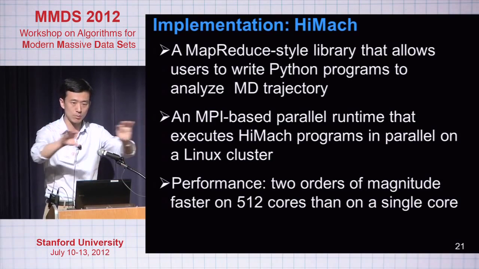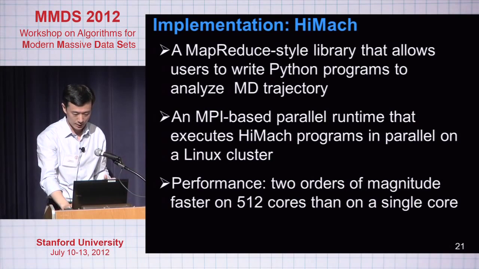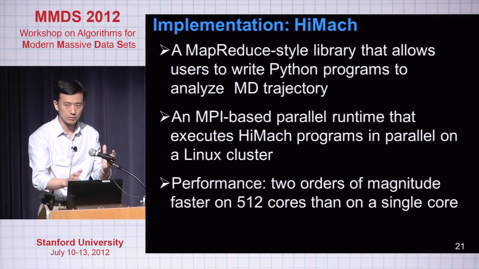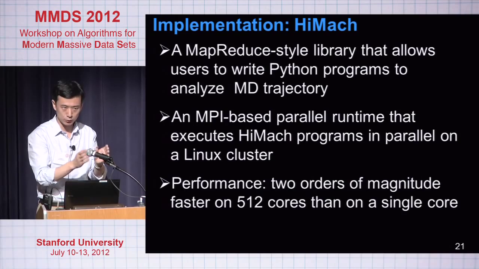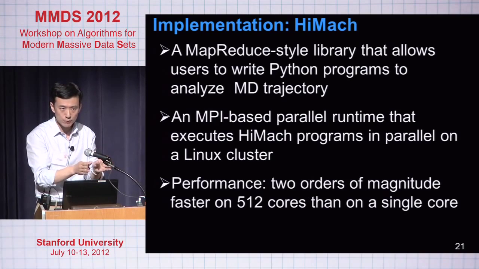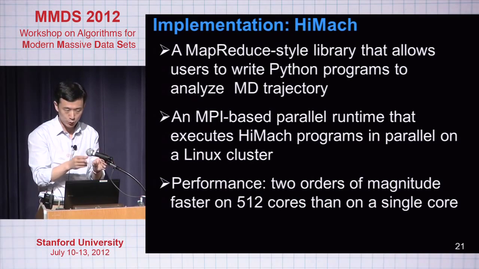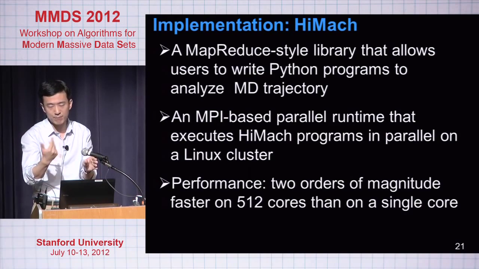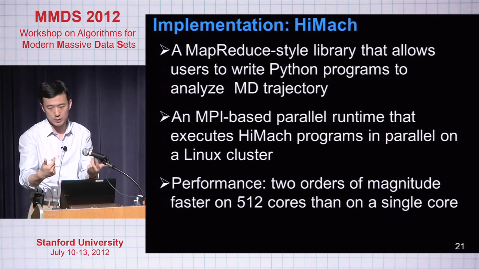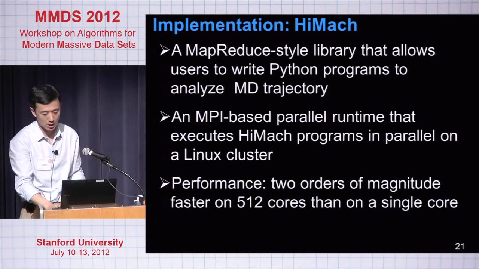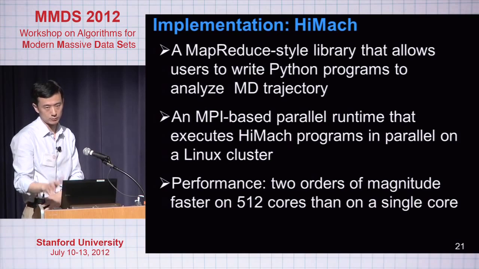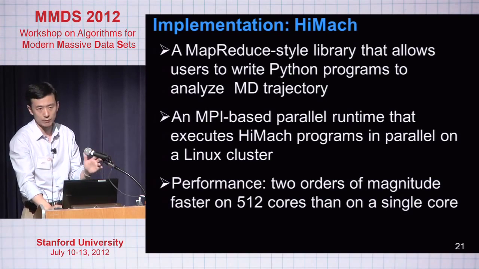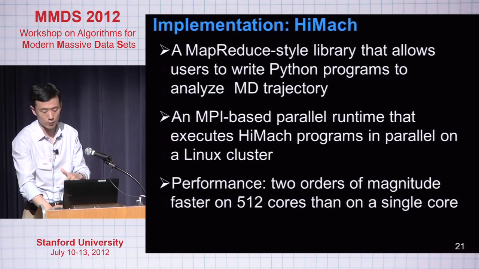You run a HiMach job on a compute cluster, and you can use MapReduce-style calculation to structure code, but in the reduce phase, after data have been retrieved, you can actually roll back to MPI calculation. So think of the map phase as the data acquisition phase, and the reduce phase as the computation and communication intensive phase. I won't be able to give you the breakdown of performance, but roughly it's a 2 order of magnitude improvement on 512 cores versus single core performance.